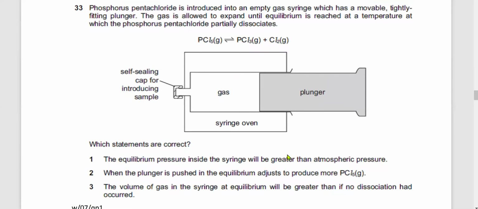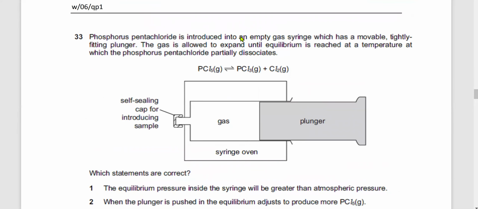Since the plunger is not moving, because I think he did state somewhere that the gas is allowed to expand. Eventually, when equilibrium is reached, it would stop expanding, right? So the plunger would remain fixed, because the pressure inside the gas and the atmospheric pressure outside would sort of balance out.